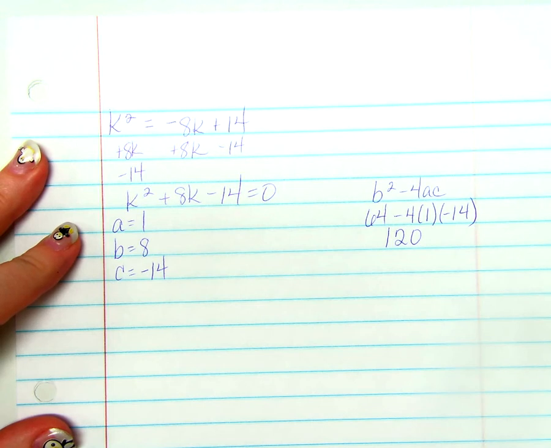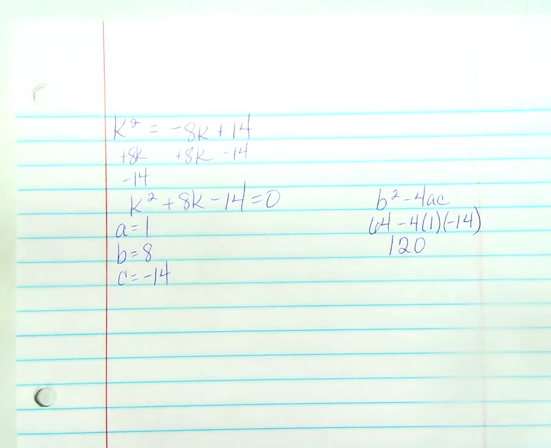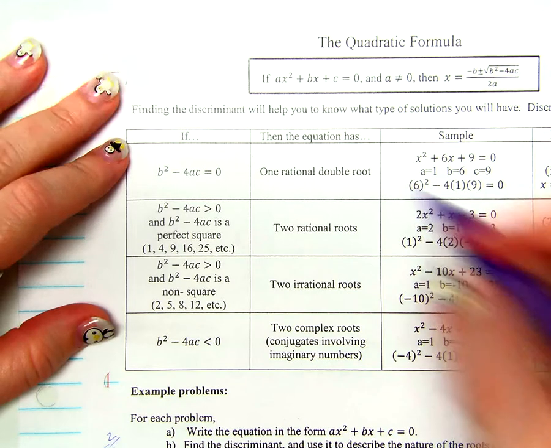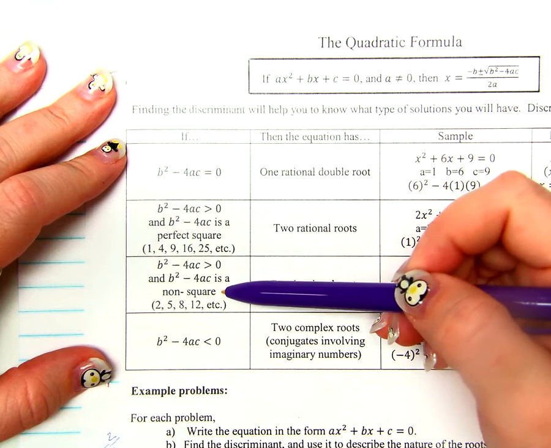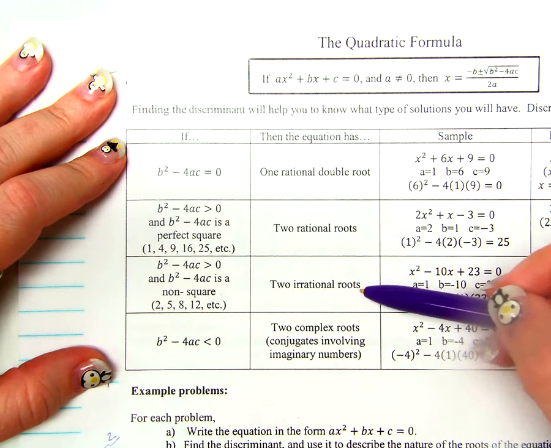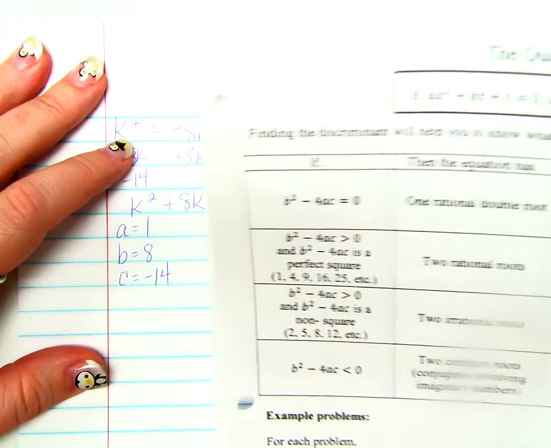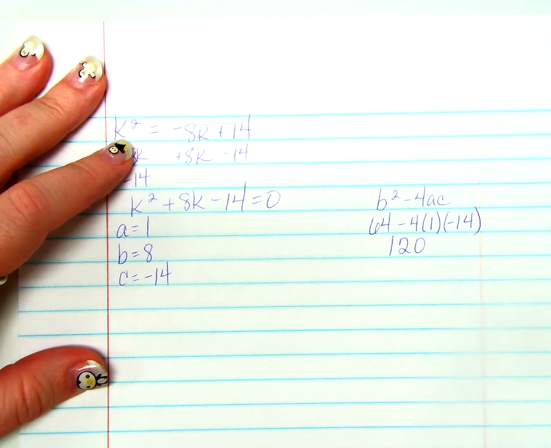Okay, 120, as you'll remember from your worksheet yesterday, is not equal to 0. It is greater than 0, and it is not a square root, so we should get 2 irrational roots.